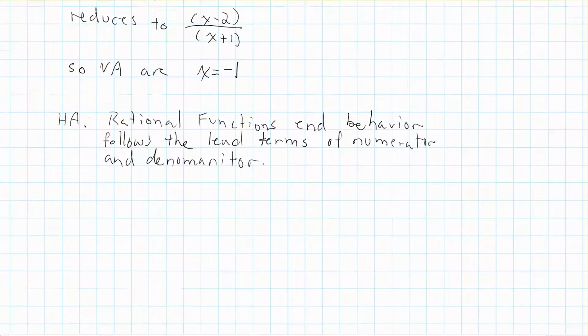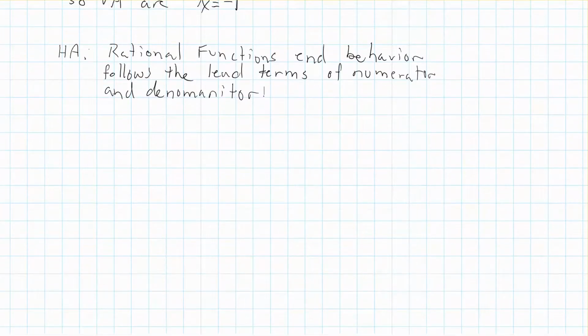So let's look at a couple examples and see how this can quickly tell us what the horizontal asymptotes are. So find the horizontal asymptotes.